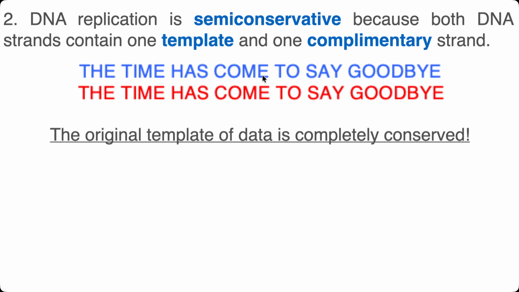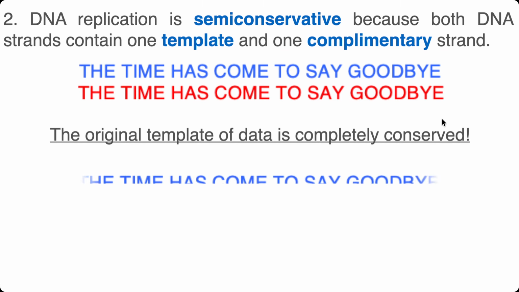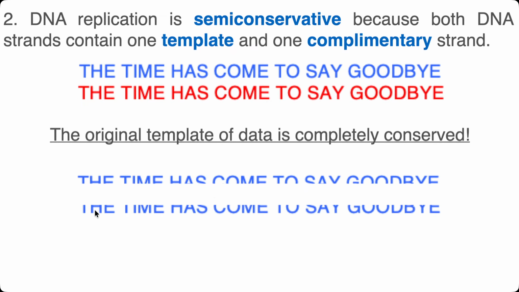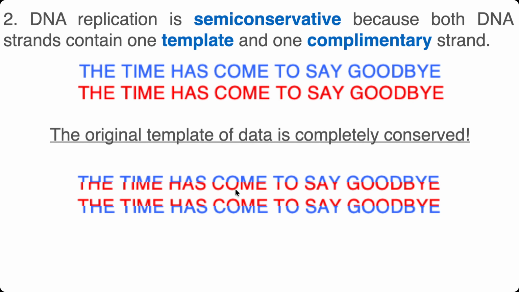So it doesn't look like this. If this is our secret phrase that we're trying to make a copy of, half of it is going to be original and half of the other strand is going to be original. And then we're making a half that matches, and that's going to be our complement, and this half that matches is going to be the complement. So in reality, what's going on here is a semi-conservative process.